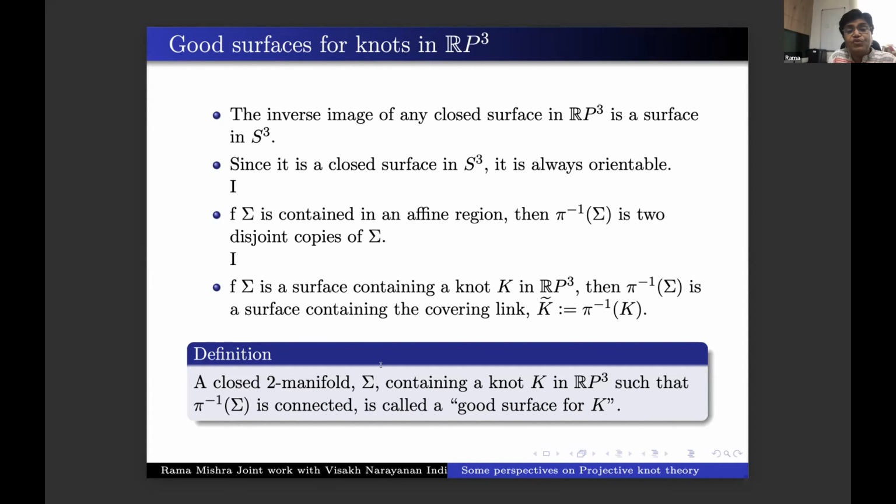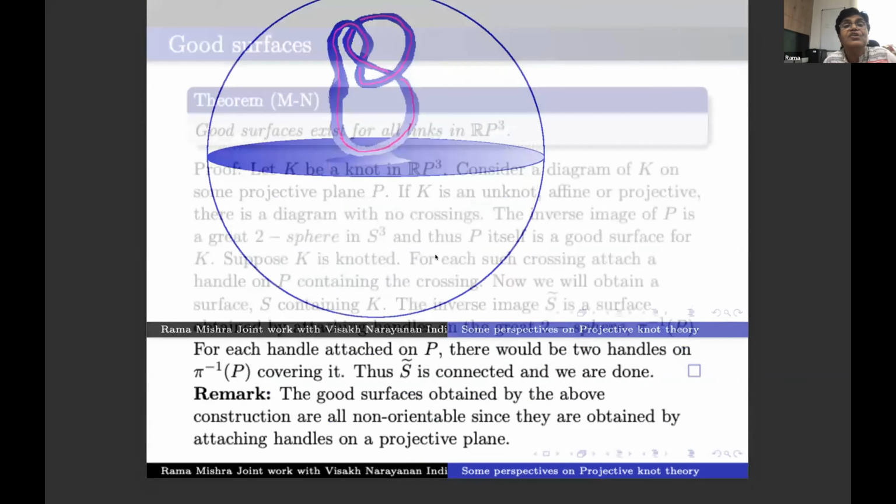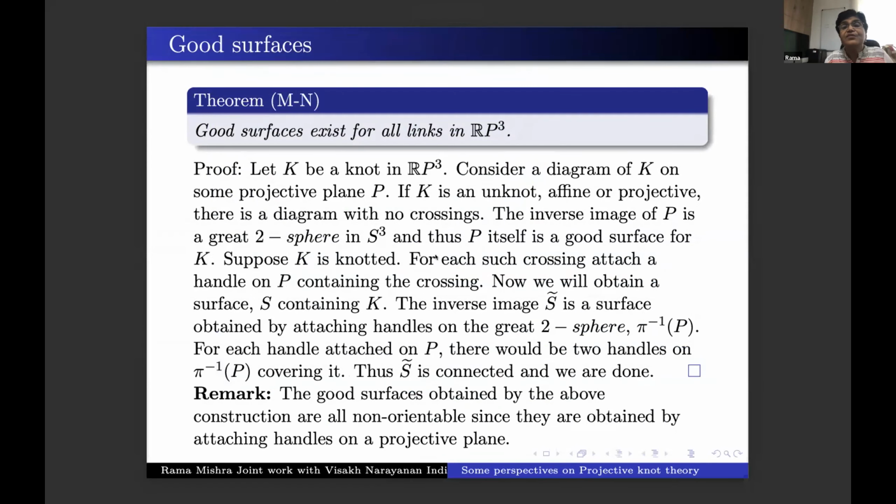We would want to ensure whether such a good surface can always be found. Suppose this is an affine trefoil. You just thicken the knotted tubular neighborhood, and this would serve as a good surface for an affine knot. But for a non-affine knot, it won't be so simple to establish.